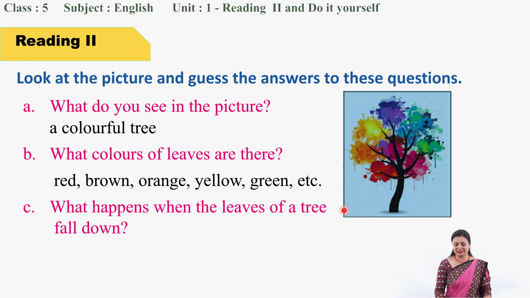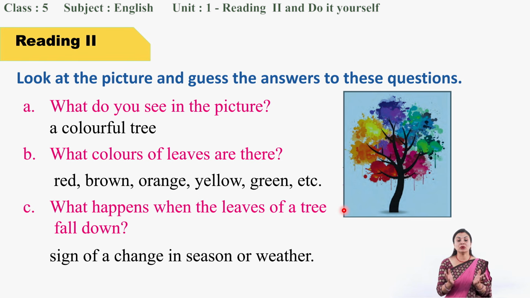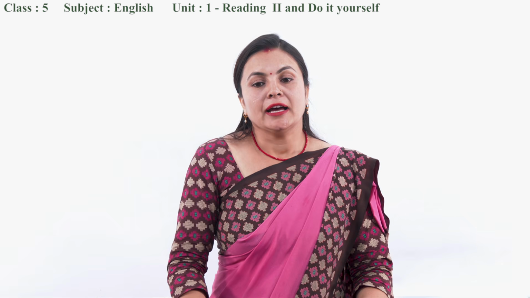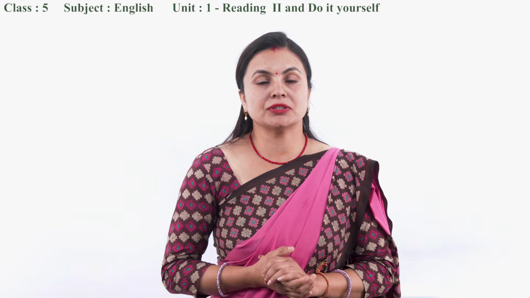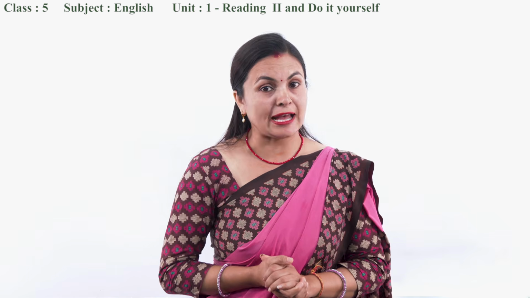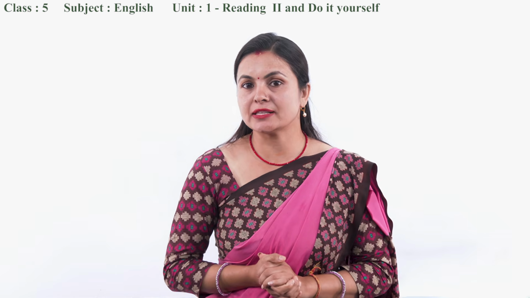That's good. Yes, so when the season changes or the weather changes, then you can see the leaves of the trees falling down. Haven't you? Yes, that's correct. Okay, so can you tell me exactly in which season the leaves of the trees fall down? Have you guessed it?